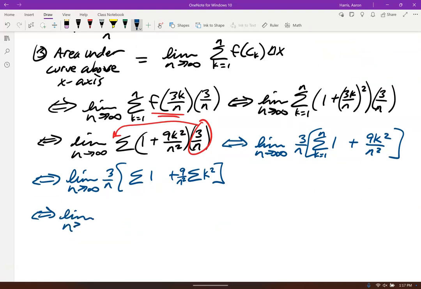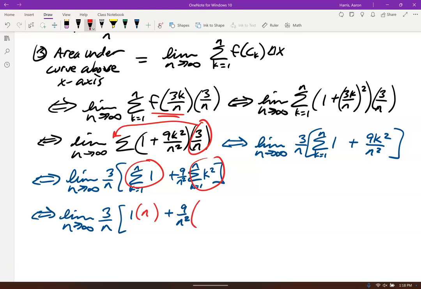So I have limit as n goes to infinity, 3 over n times, and this is k being 1 to n, the constant times n, so 1 times the n. Then I look up the k squared formula. So the 9 over n squared will stay there, but then that k squared formula will come in. So I'll have n plus 1, 2n plus 1, all over 6, if you look back at that formula.